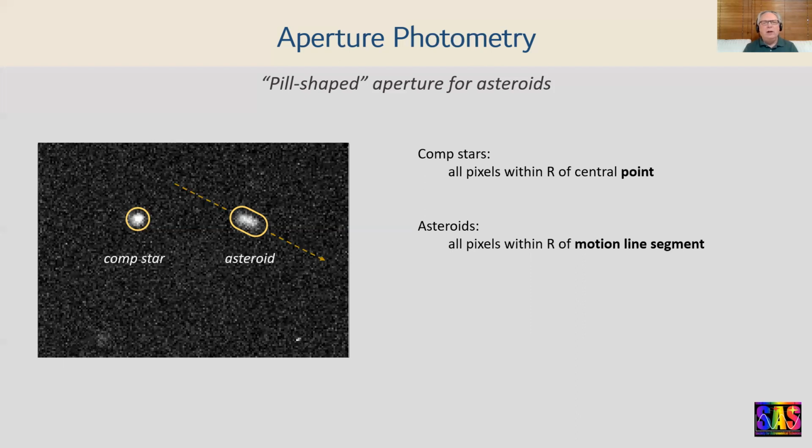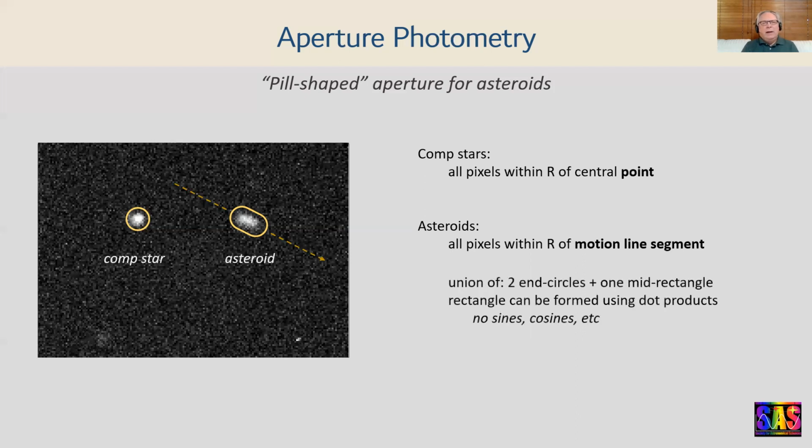That's a short line segment, and you simply take all the pixels within the same radius that you used to construct the round apertures for comp stars. And it can be pretty readily constructed as two end circles congruent with the comp star aperture and all the pixels in between. In other words, the union of two end circles and one mid-rectangle.